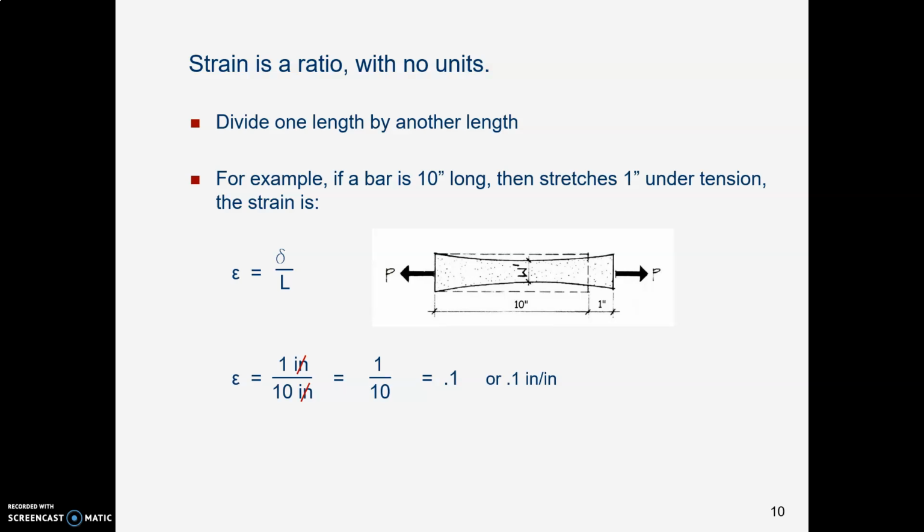So the strain for this particular bar is simply 1/10, or 0.1. If you prefer, it is also acceptable to say 0.1 inch per inch, if that feels better. That's okay. But most people just write the plain number with no units.